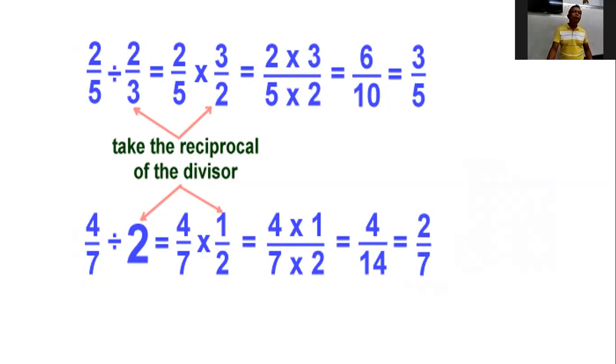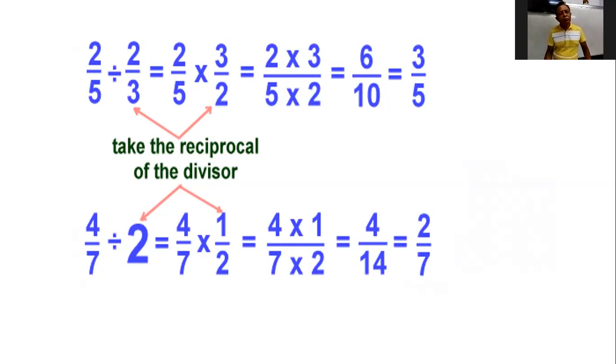It became multiplication. It's not anymore division. So if you multiply that total, why is your final answer 3 over 5? Because we make it into simplest form, or the lowest term, by dividing it by 2.